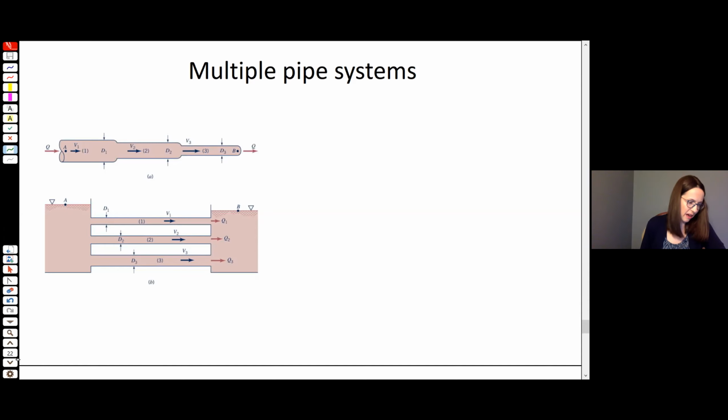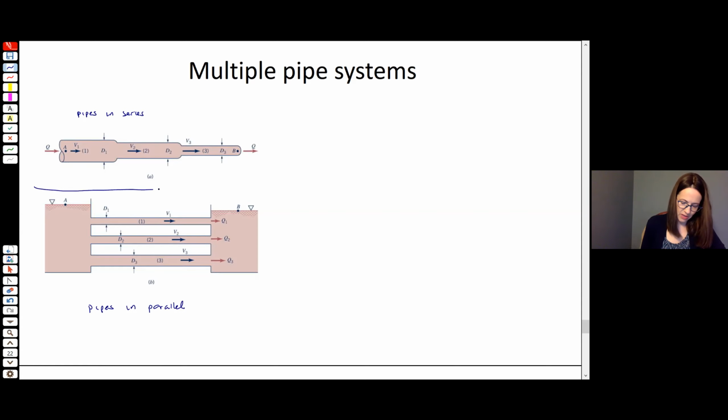We can either have 3 different pipes in series, say, or we can have any number of pipes in parallel. And the real question is, how do the head losses add up for these systems?